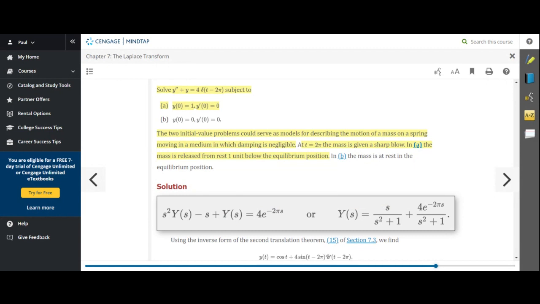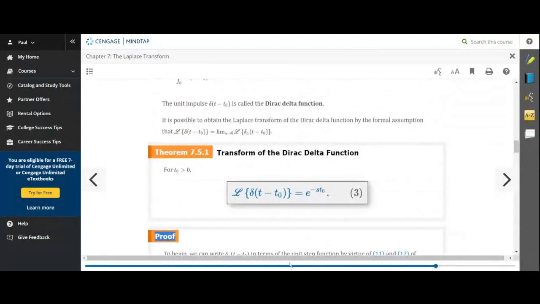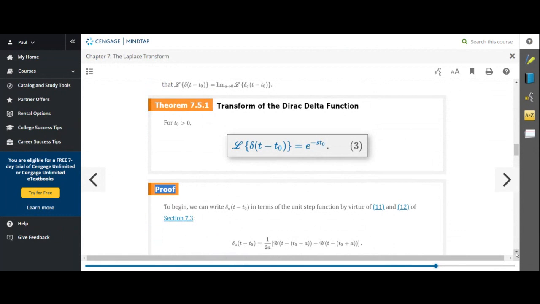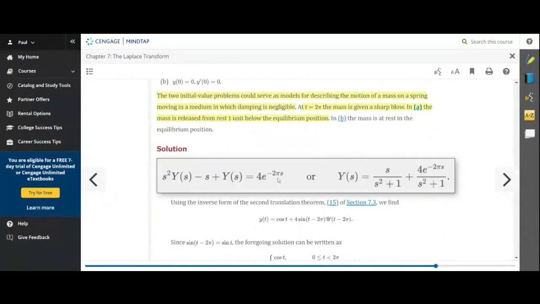The 4 times e to the negative 2 pi s just comes from what the Laplace transform is for the Dirac delta function. Okay, so let me go back down here. So obviously t sub 0 is 2 pi. Okay, so are there any questions on this part right here?